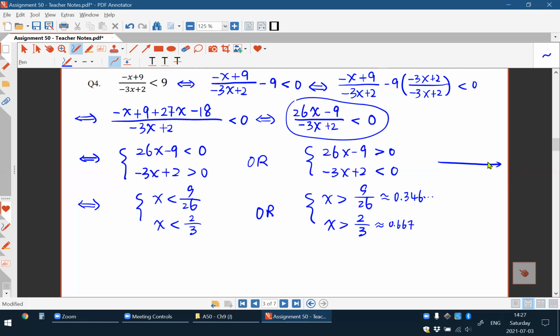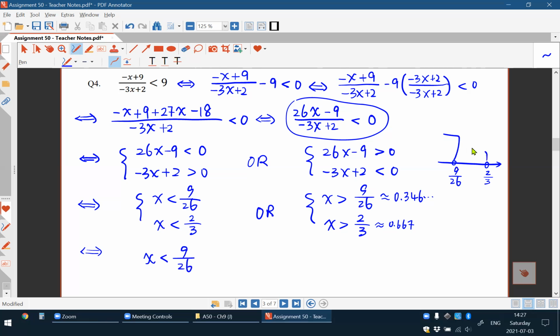Of course, 2/3 is larger than 9 over 26, right? Okay, so the first solution says x should be smaller than the two numbers. And of course, the combined result is x should be smaller than the smaller number, which is 9 over 26, right?